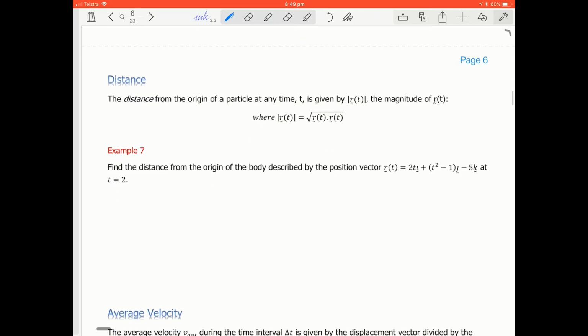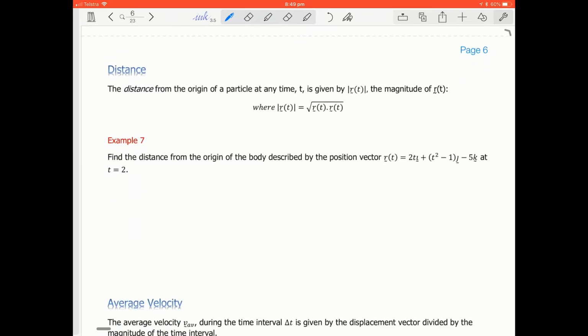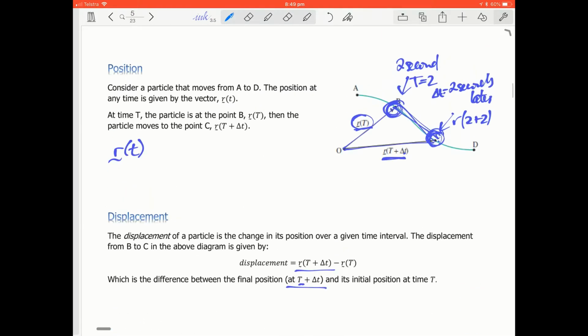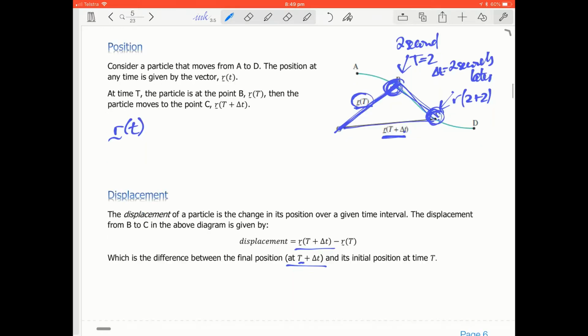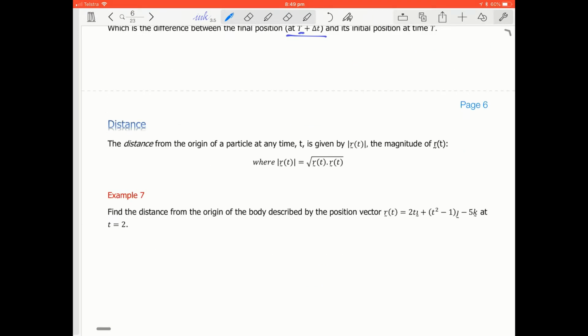Okay, the distance from the origin of a particle at any time. If I want to work out what this distance here is, we need to put in the time that we want it to occur.